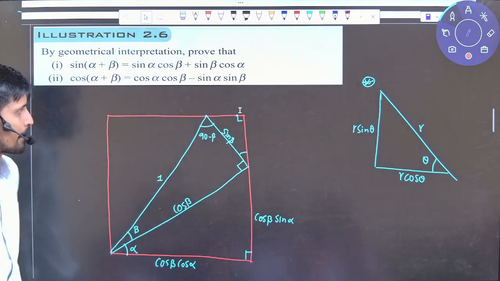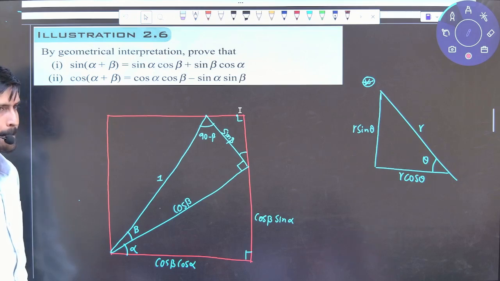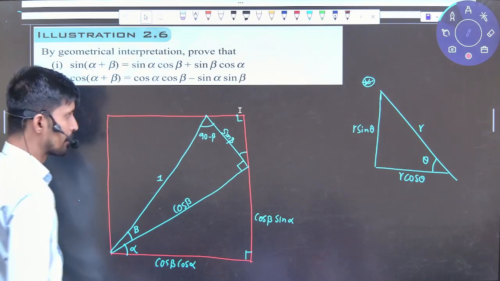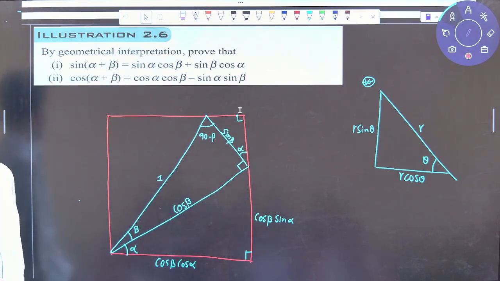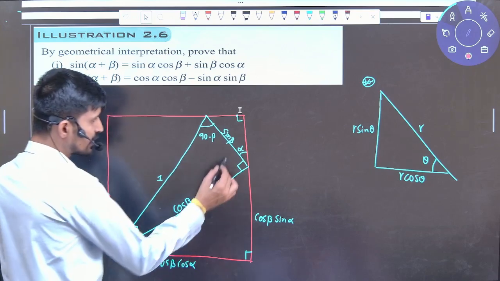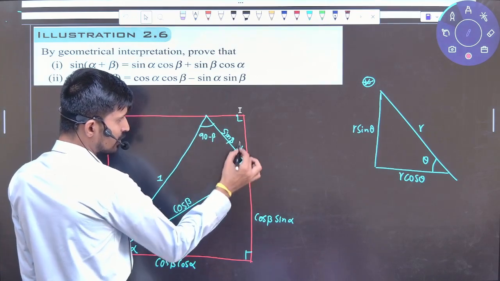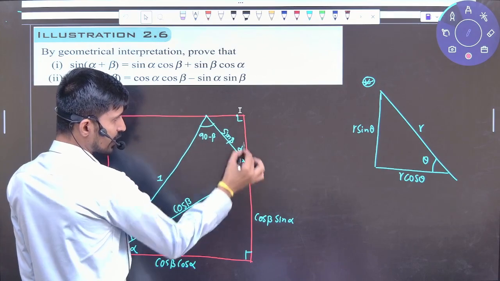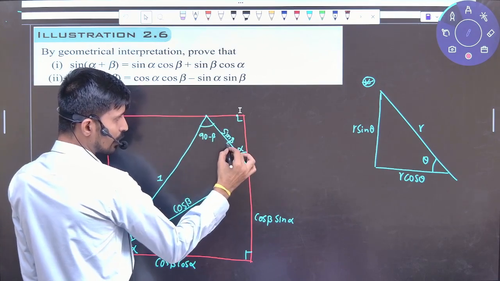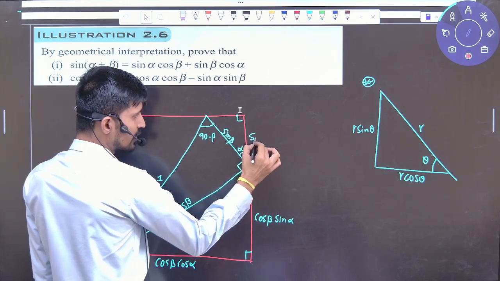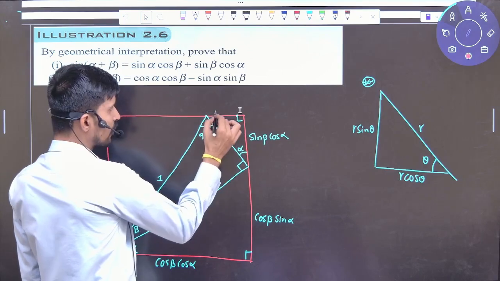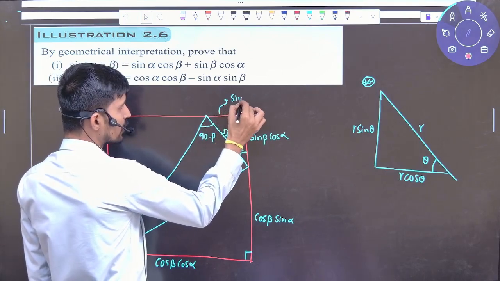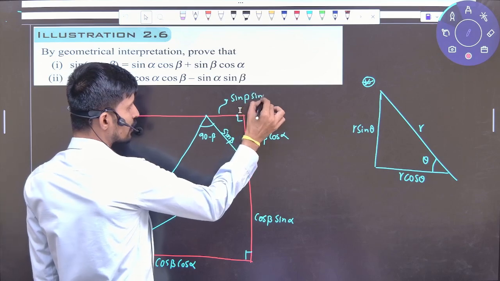Alpha. And this angle will be alpha. This is sin beta, and this is the hypotenuse in this triangle. We are moving towards alpha, so this length will be sin beta cos alpha, and this length will be sin beta sin alpha.